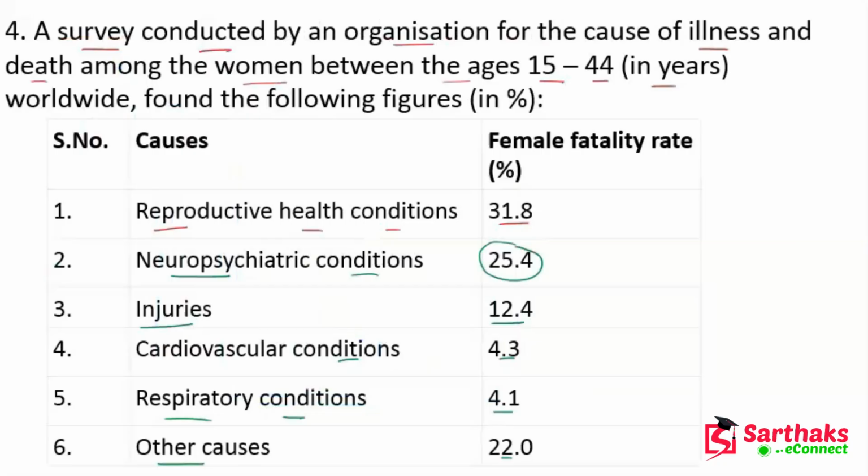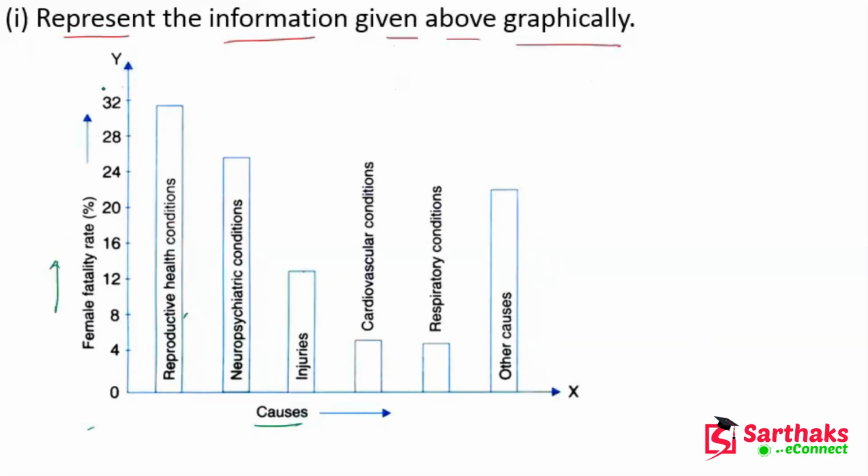The fatality rate is 31.8%, so here you can see this is 31.8%. Now the second case is neuropsychiatric condition.